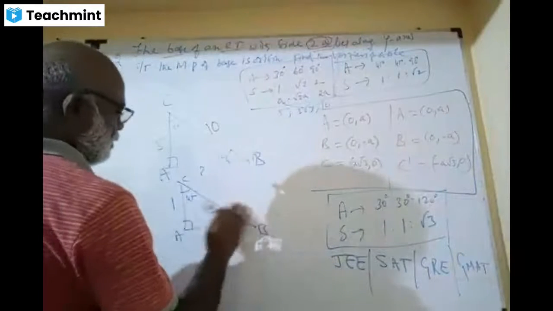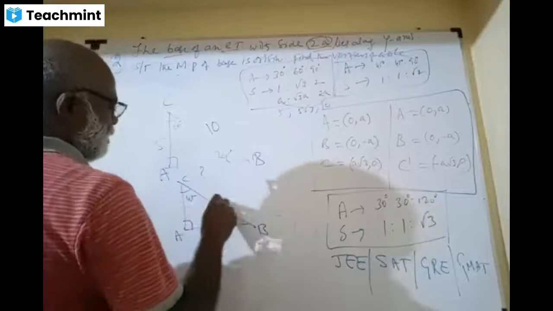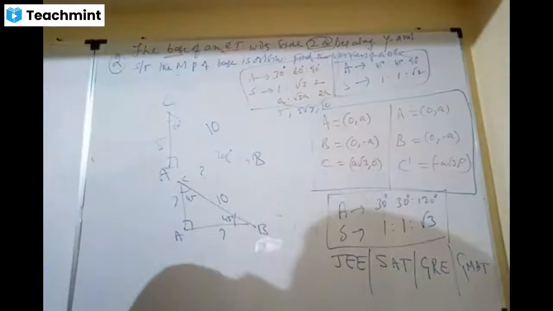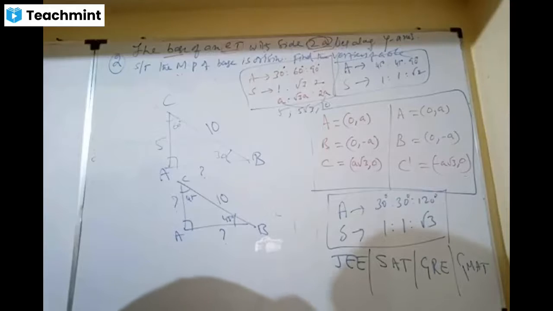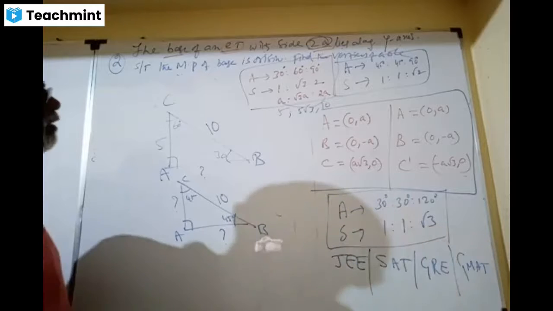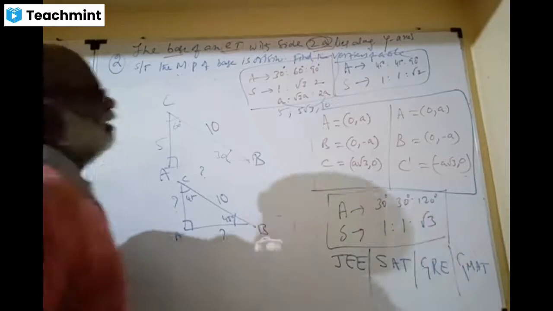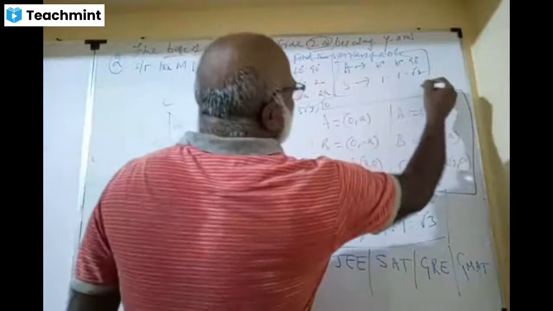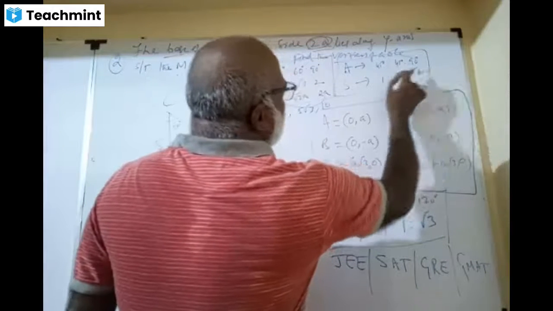Suppose I change it here, okay? This is 10 units. What about these two, anybody? This is root 2 and 10, is it? How do you get 1 more?